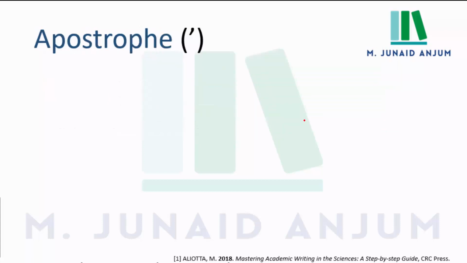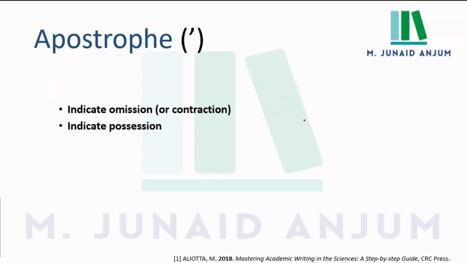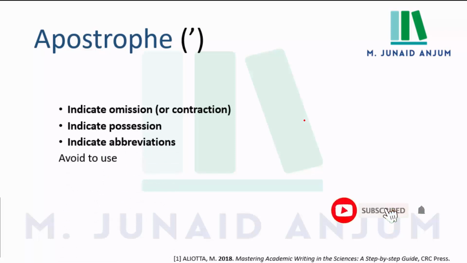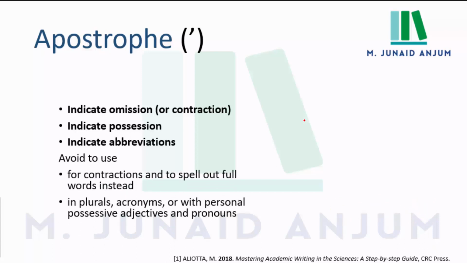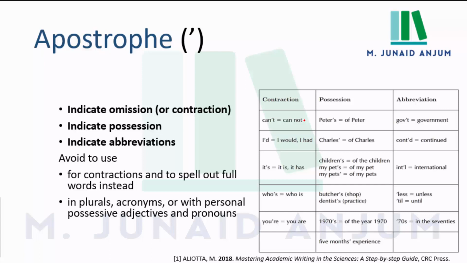The next thing is the apostrophe. It indicates omission or contraction, indicates possession, and is also used in abbreviations. It should be avoided for contractions in formal writing; spell out full words instead. Mostly it is used in plurals, acronyms, or with personal possessive adjectives and pronouns. For contractions, for example, cannot is contracted with an apostrophe and t.